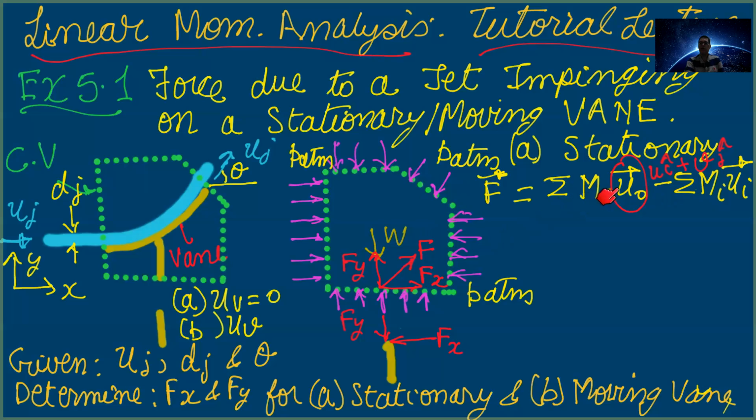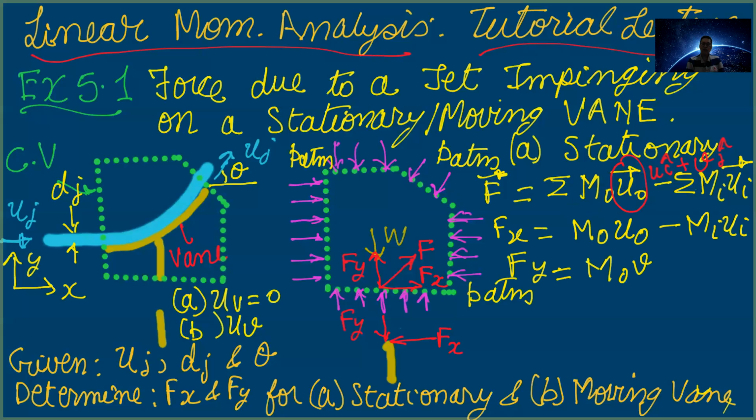Mass flow rate multiplied by the velocity, which is a vector, is called the momentum flow rate. If we use the scalar component u, this becomes the x momentum flow rate. So this equation shows that the force acting in the x direction is equal to the net x momentum flow rate leaving across the surface of the control volume.